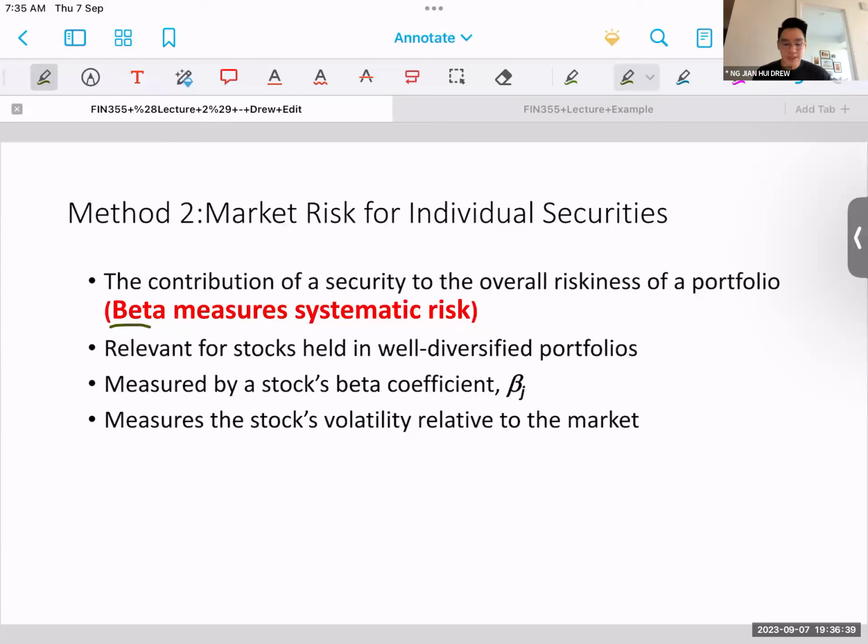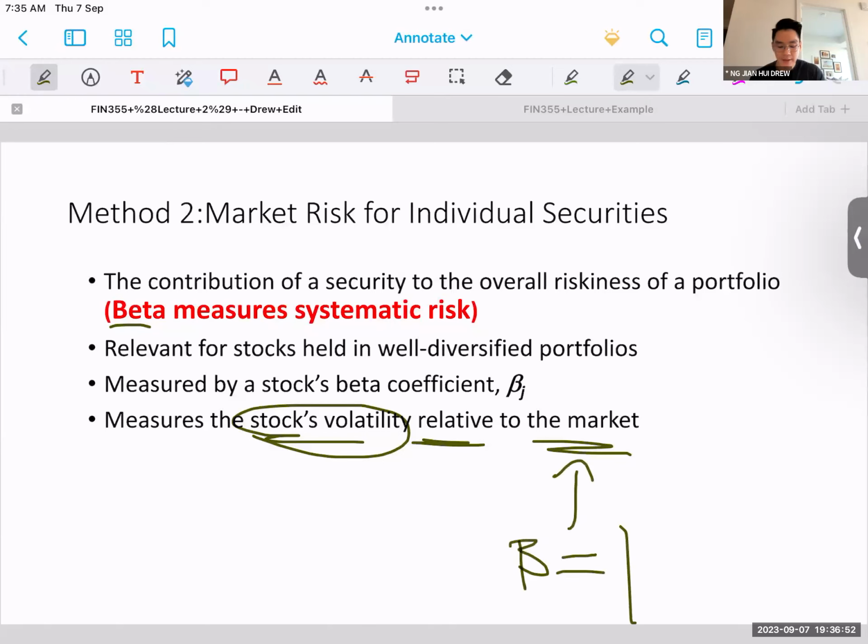And systematic risk is measured in this thing called beta, and basically it measures the volatility of that particular stock relative to the market. All right, so in the market, the beta is 1, and any stock that is above 1, right? If beta is above 1, it means it's more volatile than the market. If the beta is less than 1, it means it is less volatile than the market.